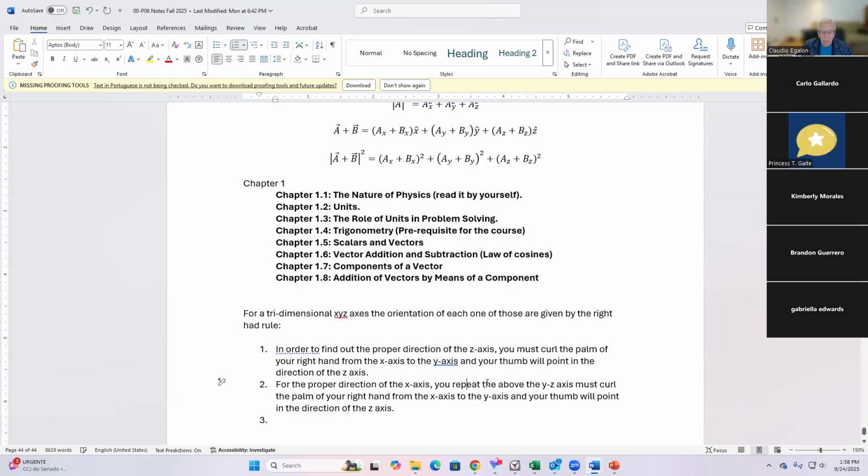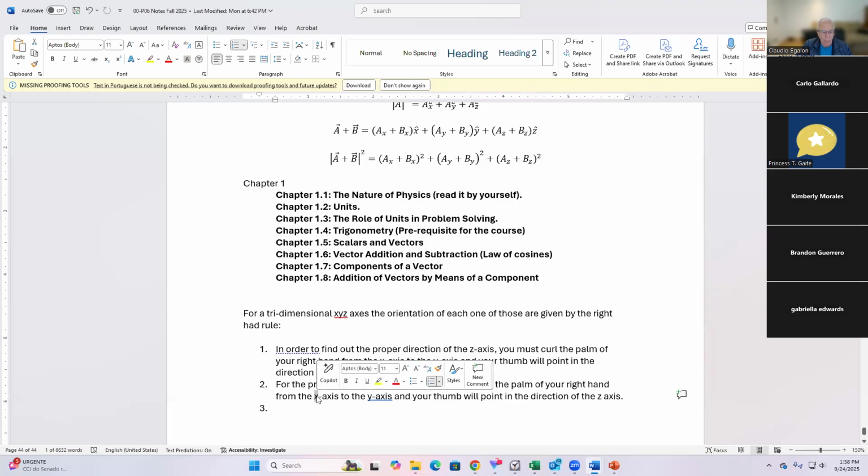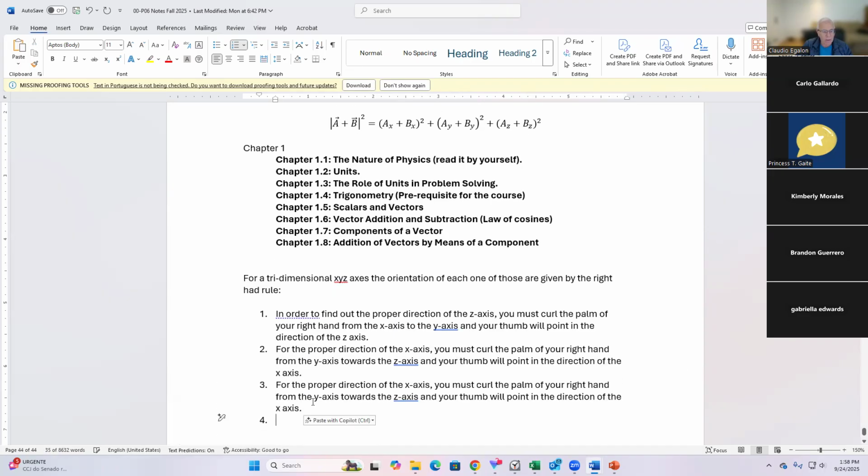You must, let's put it this way, curl your right hand from the y-axis towards the z-axis. Okay? And your thumb will point in the direction of the x-axis. Okay, and always in this order: x, y, z, x, y, z. Always, that's what we call cyclical order.